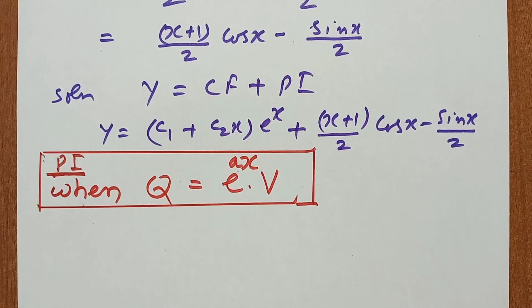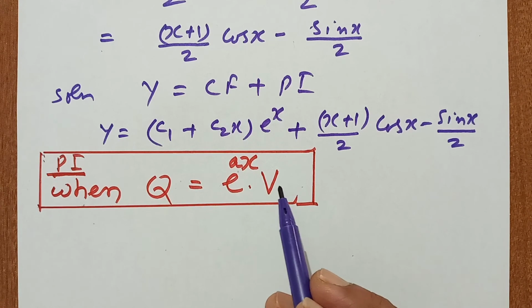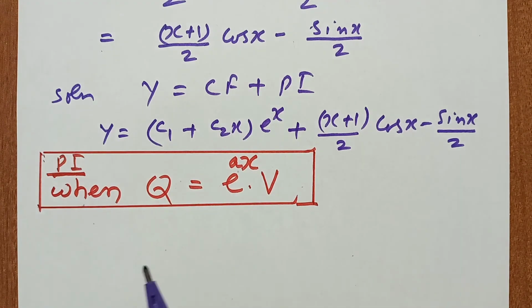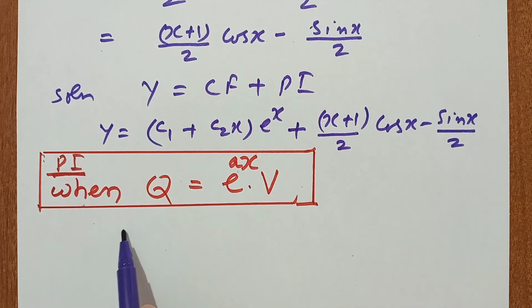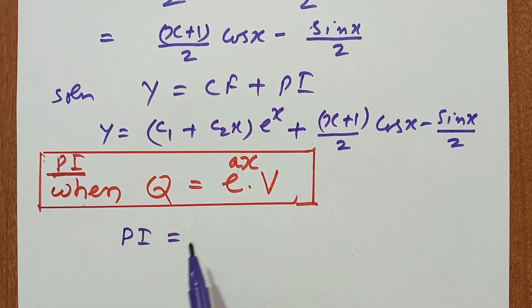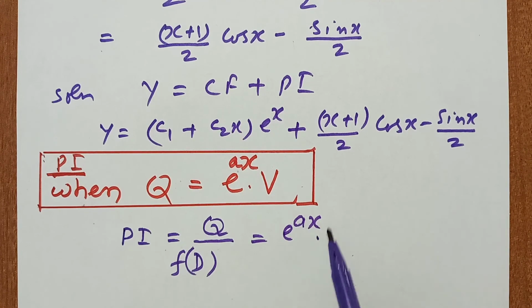Next is to calculate the particular integral when Q is equal to e to the power ax into V, where V is a function of x, okay. So to obtain the particular integral when the right hand side is e to the power ax into a function of x, the particular integral is equal to Q upon f(D), meaning e to the power ax into V upon f(D).